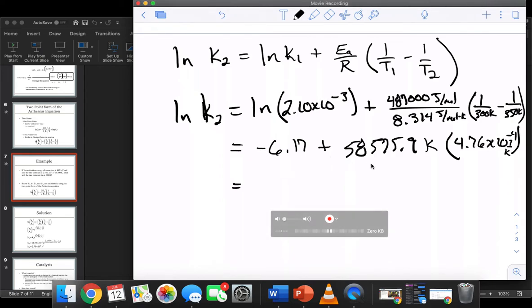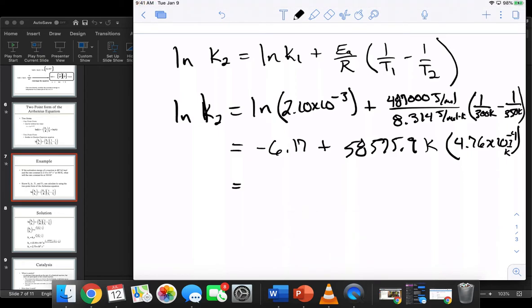I have negative 6.17 plus. I can multiply this chunk out. So I'll have that 4.76 to the minus 4th times that 58,575.9. And I get about, let's say, negative 6.17 plus positive 27.9. And all of this is equal to the natural log of K2.